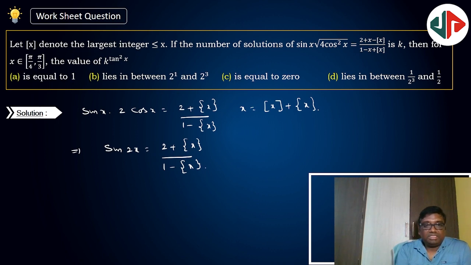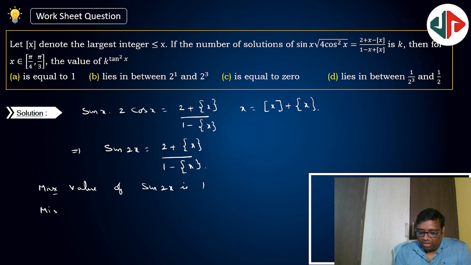So what is the maximum value of sin 2x? It is 1.